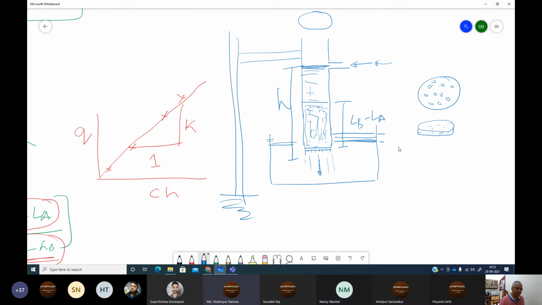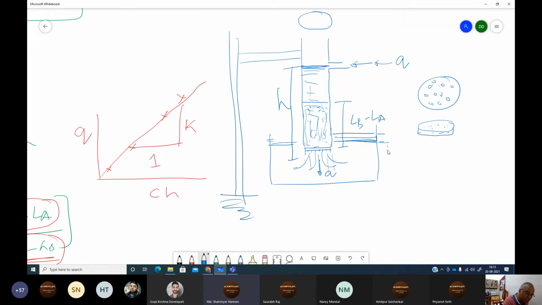Is that clear? Yes, sir. Sir, you are maintaining the level of height, then HB minus HA is also constant. Yes, we are keeping this Q, and this Q will remain the same.